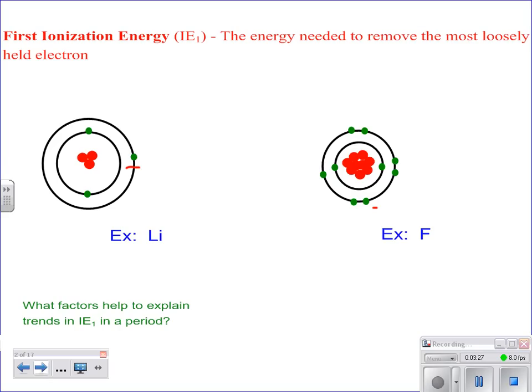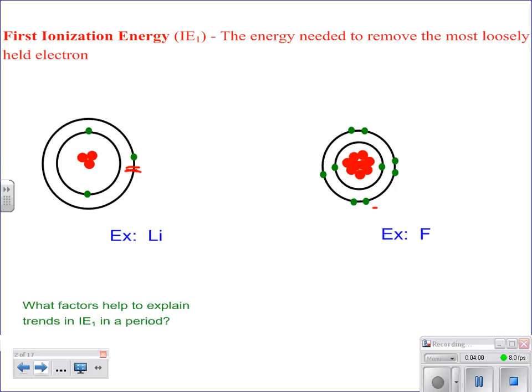Lithium. And maybe you might even be thinking about the octet rule. The octet rule says that all of those atoms want to have a full outer shell, that they're most stable when they have a full outer shell. Getting rid of one from lithium is going to give it a full outer shell. Fluorine doesn't want to lose one, it wants to gain one. So it's not going to be distance from nucleus, and it's not going to be shielding effect, but what does this have to do with?